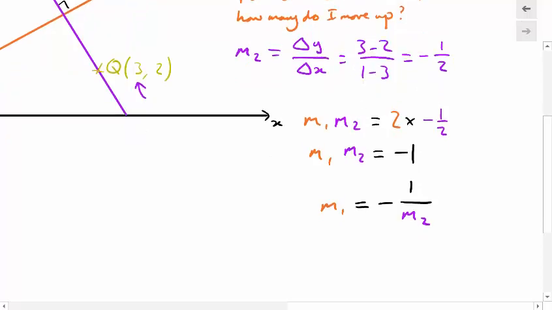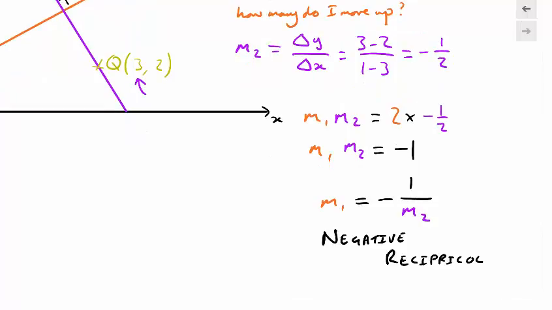This is sometimes called the negative reciprocal. Reciprocal just means 1 over, so you flip it, and it becomes 1 over. Then I just stick a negative out the front. So basically, two lines that are perpendicular should have gradients that are negative reciprocals of each other.